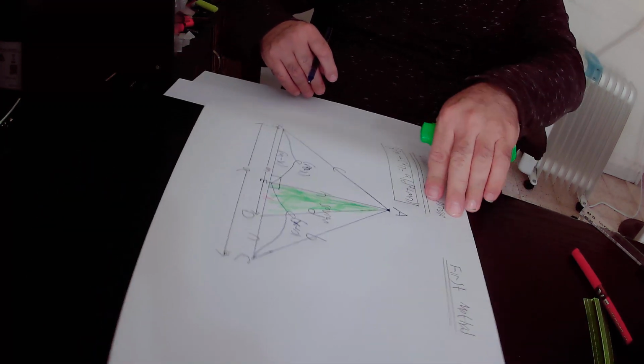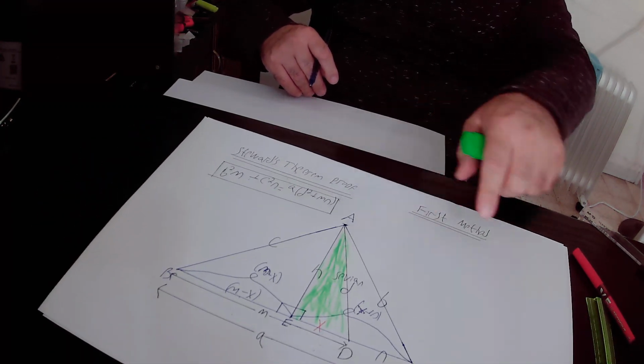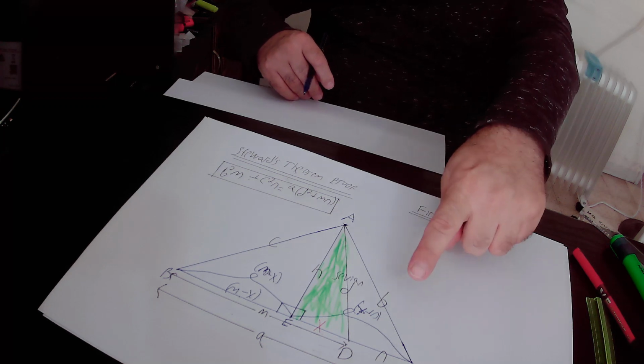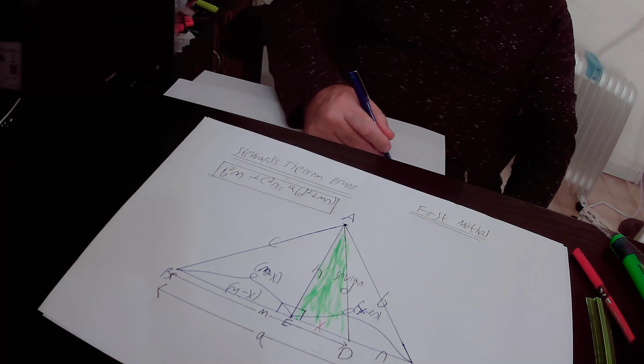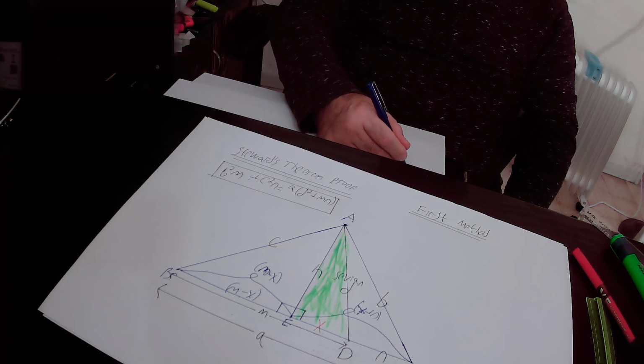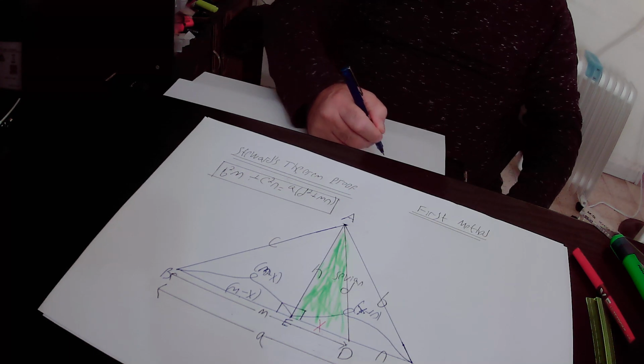The hypotenuse in this right green triangle AED is AD, therefore the square of the hypotenuse is AD squared, and it must be equal to the sum of the squares of the perpendiculars.